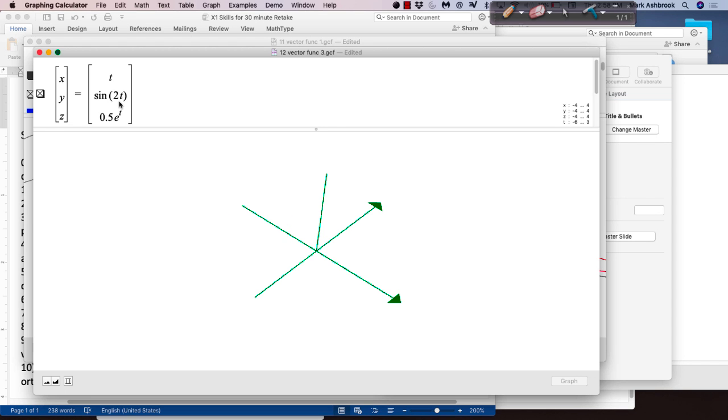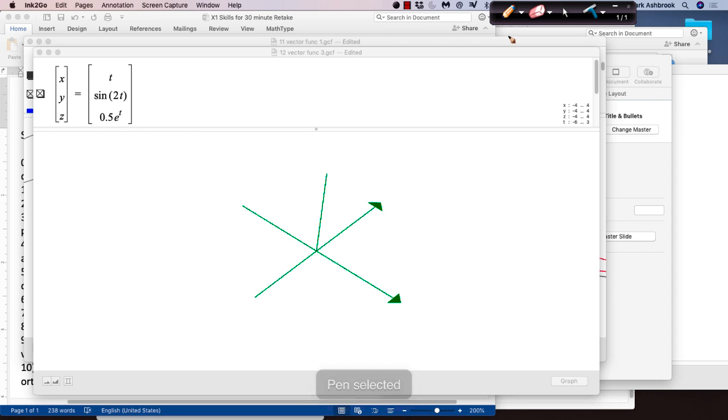How about the vector function t squared, -3, and t.